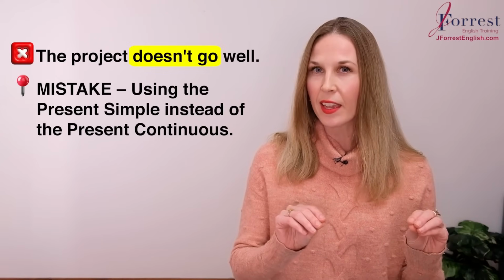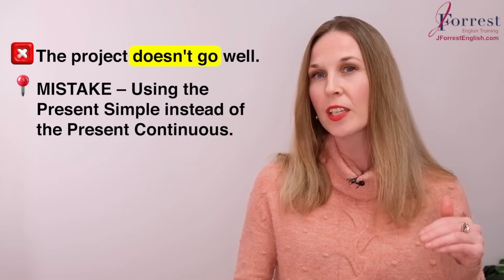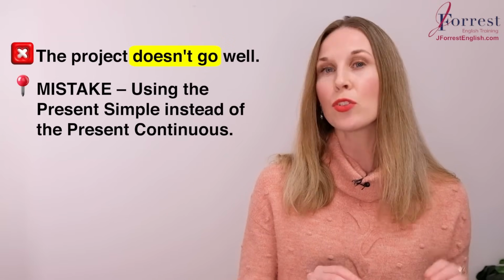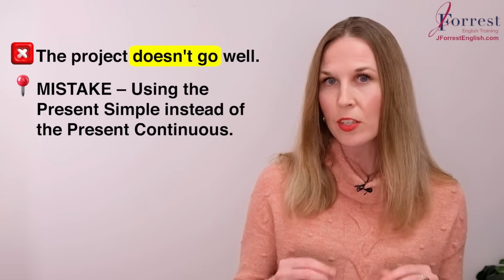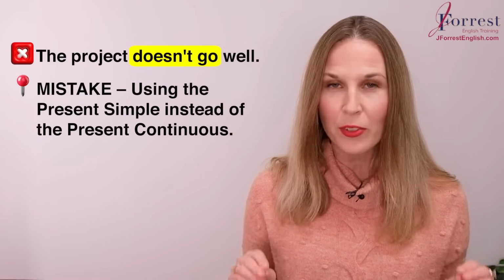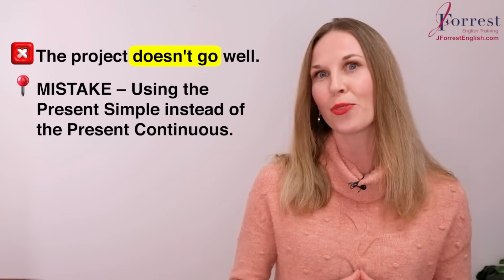And in this case, it's not a routine action. It's an action that's taking place right now. So the mistake is using the present simple when the present continuous should have been used. And this is by far the most common mistake that I hear advanced students make.